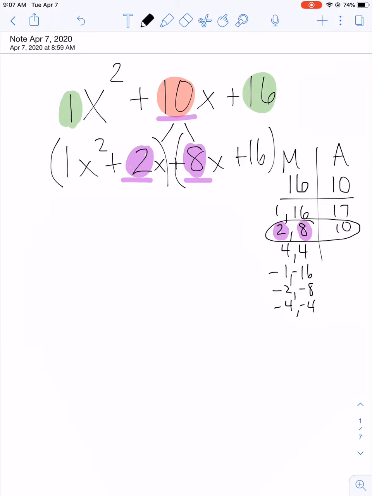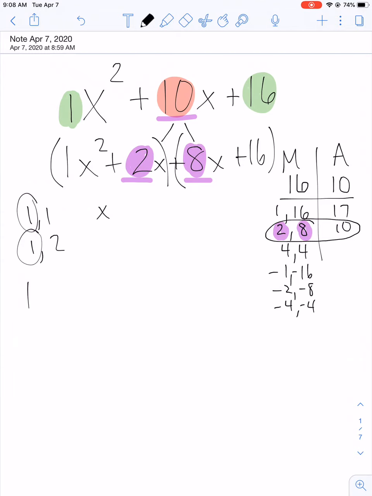Now I just need to figure out, well, what's the GCF of this. And if you remember from last week, we learned about GCF. That's where you just list all of the numbers that multiply to be 1 and 2. Let's see, that's 1 times 1, and 2 is 1 times 2. What's the biggest number they both have? 1. So that's going to go on the outside.